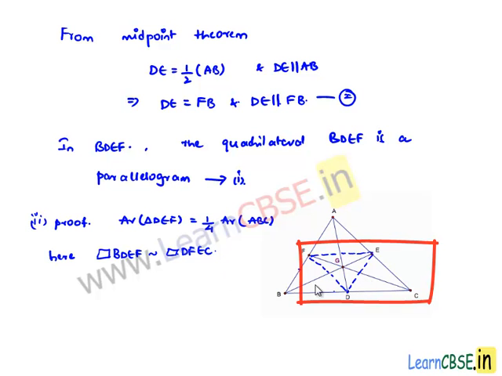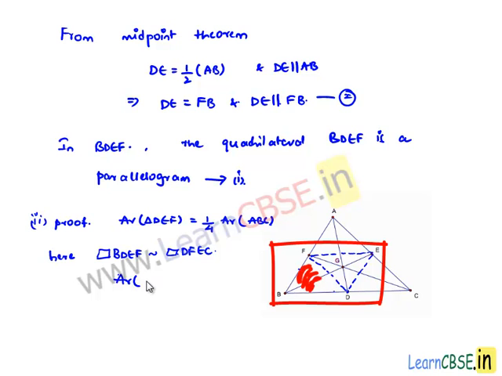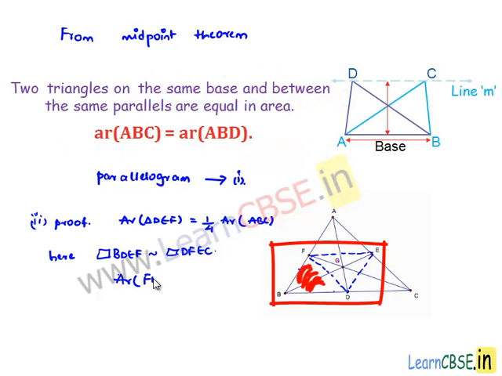Here, as triangle DEF is common between them, in parallelogram BDEF the area of triangle FBD is equal to the area of triangle DEF, and also the area of triangle DEF is equal to the area of triangle CDE.